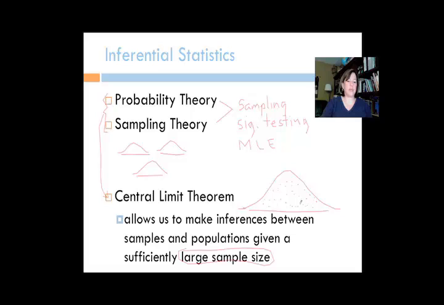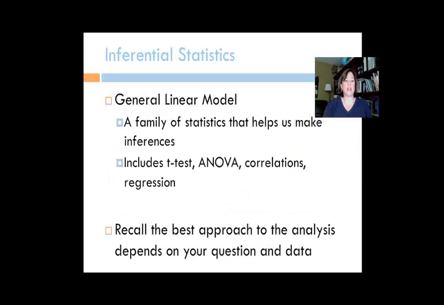Another body of inferential statistics, so a set of inferential statistics, is called the general linear model. It's a family of statistics and we're not necessarily focused on that terminology, general linear model, but we are going to be focused on some of the statistics that make up that family, including t-tests, analysis of variance, correlations, regression.